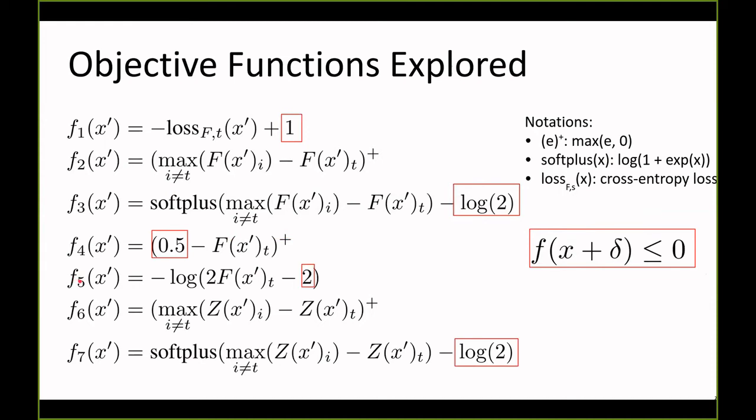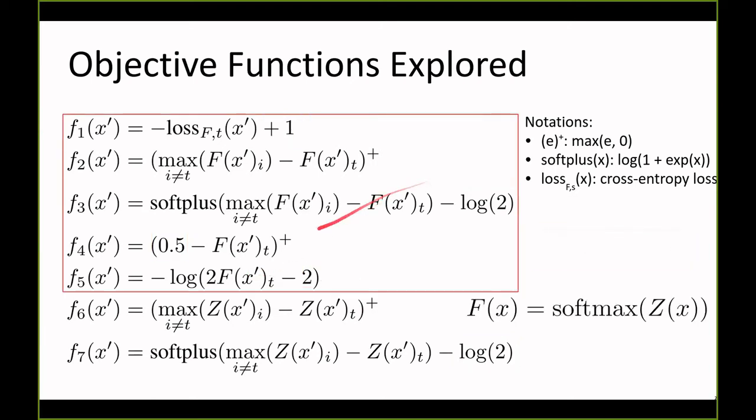Functions 4 and 5, I believe, both have errors in them. I believe this should be the max over the adversarial classes, because if we're minimizing this function, then we're maximizing this because there's a negative there, and we don't want that. The argument to this log is not defined, so I'm not entirely sure what this one is supposed to be.